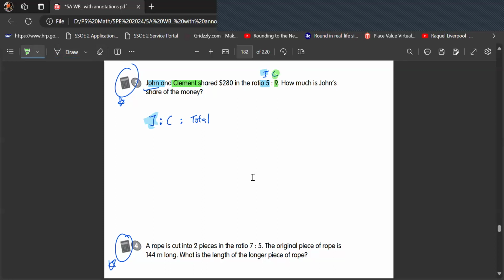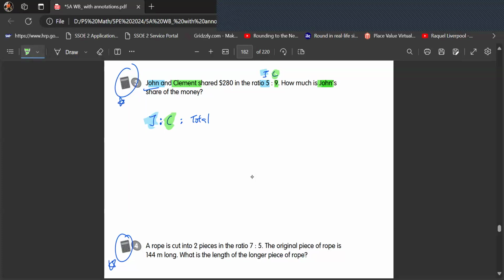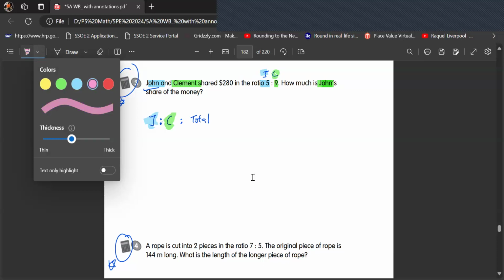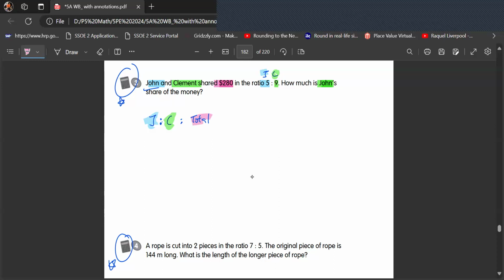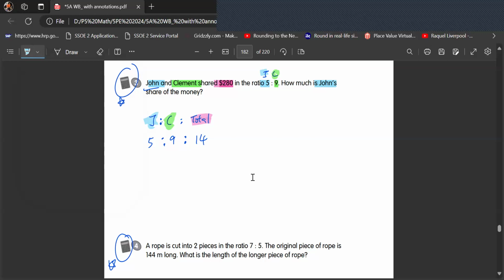John is to Clement is to total. So from here, John is to Clement is to the total of 14 units. So asking for John. Sorry, John is blue. Is this okay? Honestly, I don't think it's too challenging.